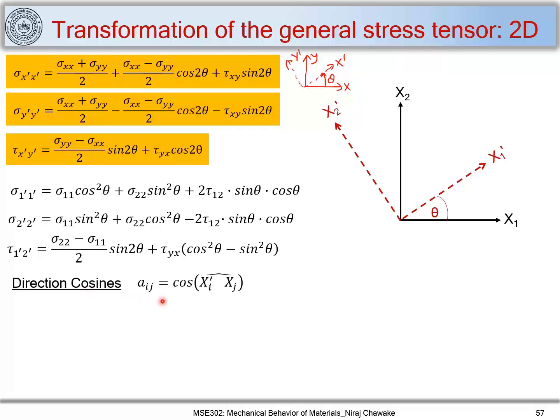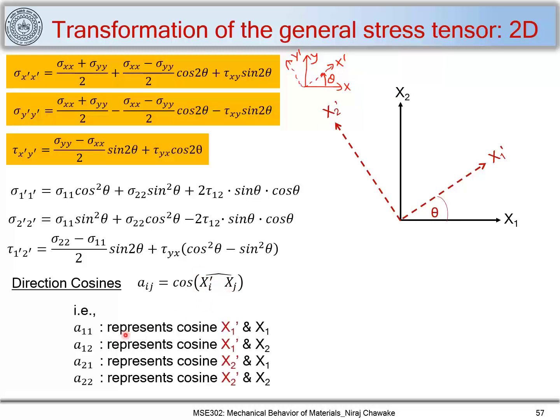I define a direction cosine as Aij equal to cos of the angle between xi dash and xj. Let me define it again and explain it. Let's say i equal to 1 and j equal to 1, so it becomes a11, which represents cosine of the angle between x1 dash and x1.